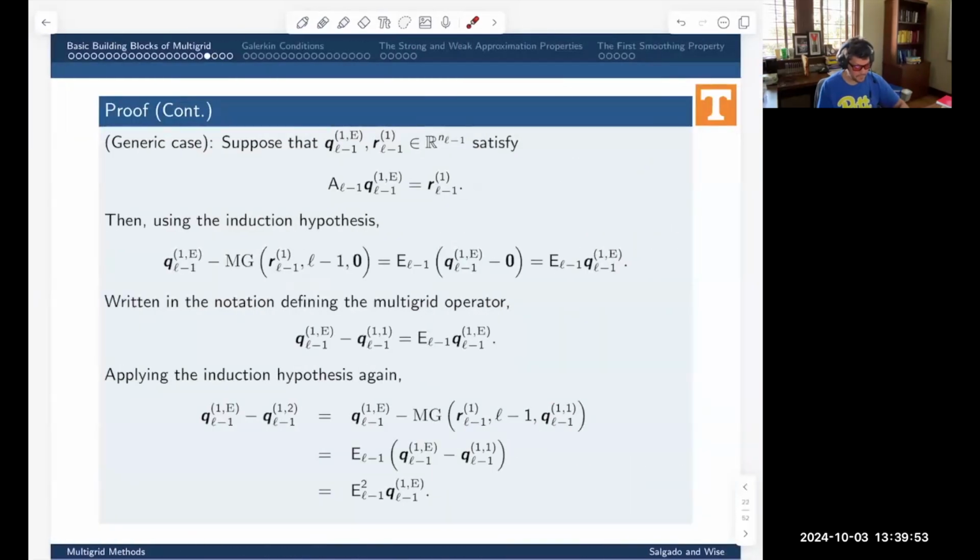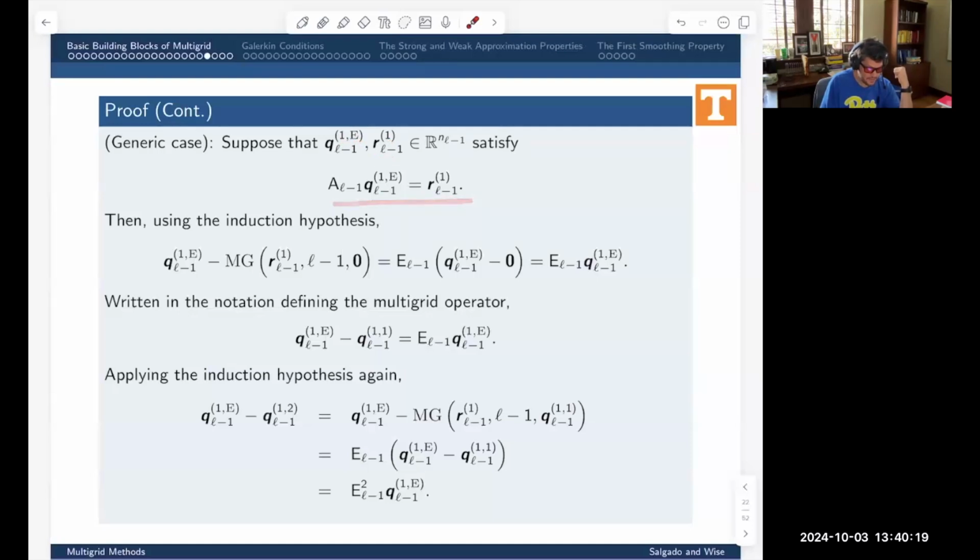Just knowing that information. All right, so that means that we've got to assume that we're applying this at level L. Okay, generic level L. But before we do that, let's define a few more pieces. Suppose that Q_{L-1}, 1E, R_{L-1}, 1 satisfy the following relation.